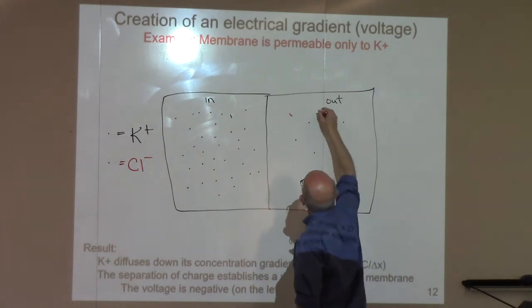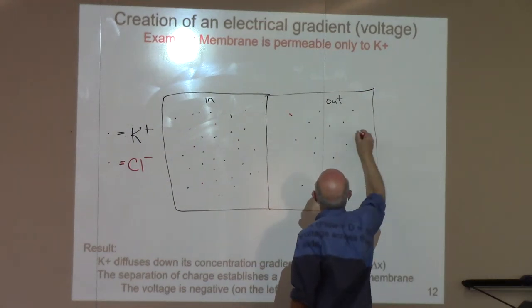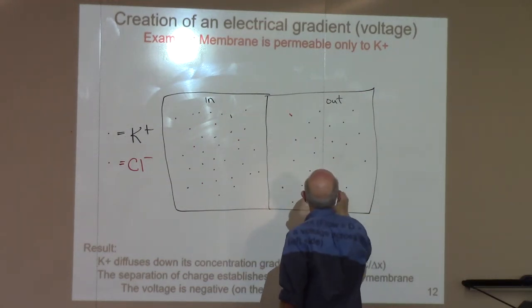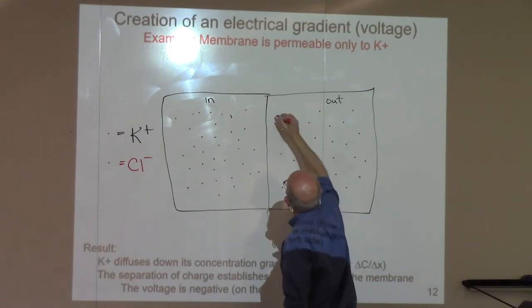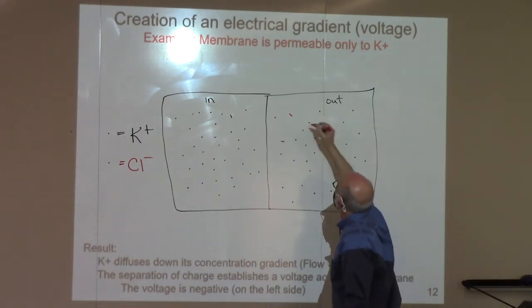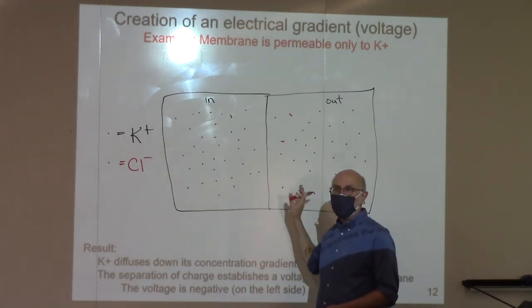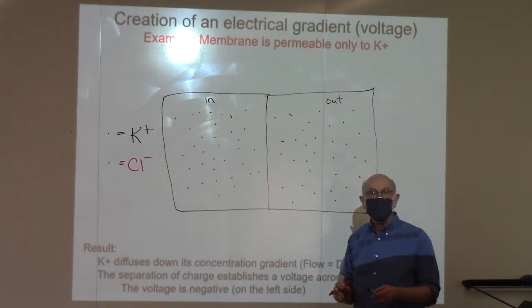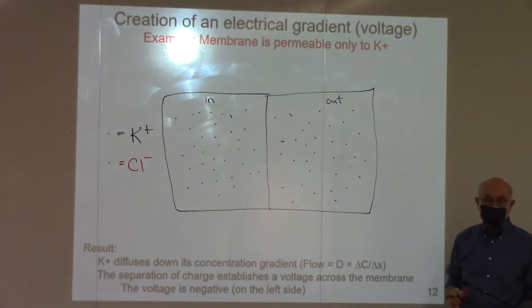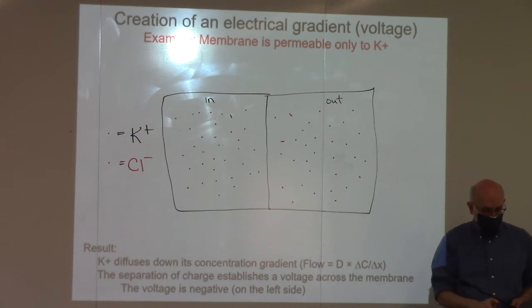And there's actually quite a lot of chloride on the outside. If you're interested, I can explain why there is a chloride gradient, but that's part of one of your problems, actually. Not to define it, but just to use it. Okay, so there's the starting point.